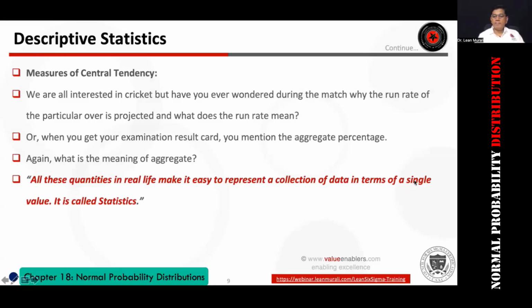Aggregate is not total. Aggregate means total divided by the number of subjects. All this quantity in real life makes it easy to represent a collection of data in terms of a single value.